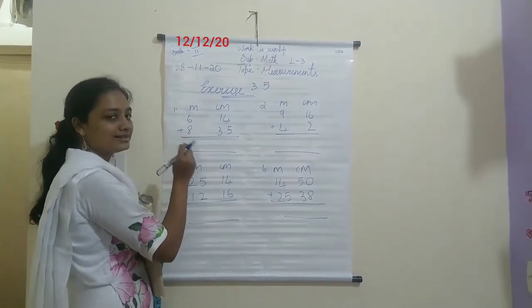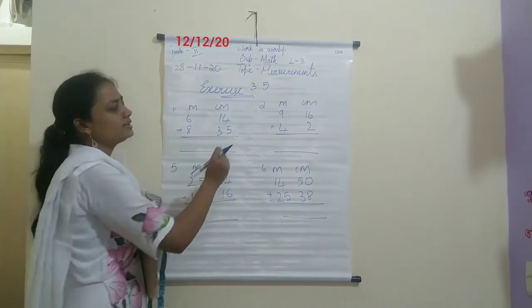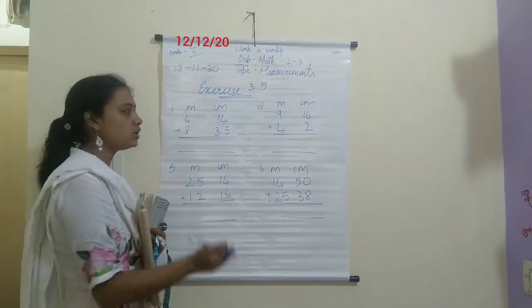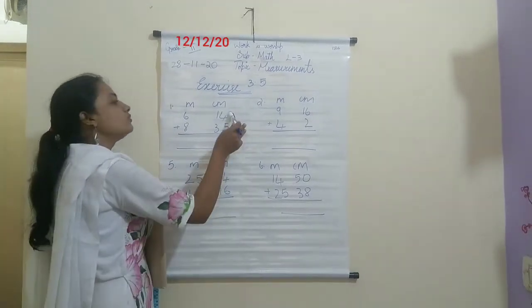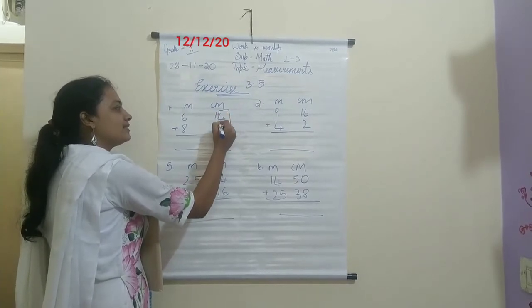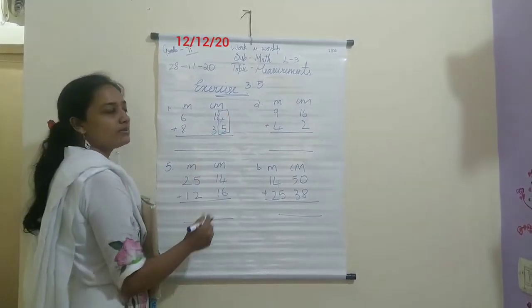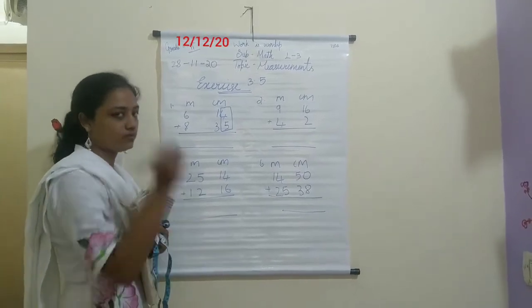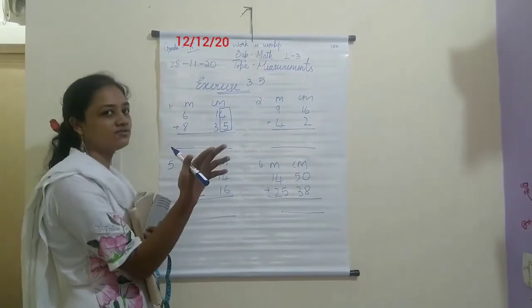Okay children, let's start. So it is not difficult, it's just like how you add numbers normally, you are going to add them. So first I start adding from my right side. So the number is 4 and 5. So what is 4 plus 5? 4 on your mind, 5 on your finger.